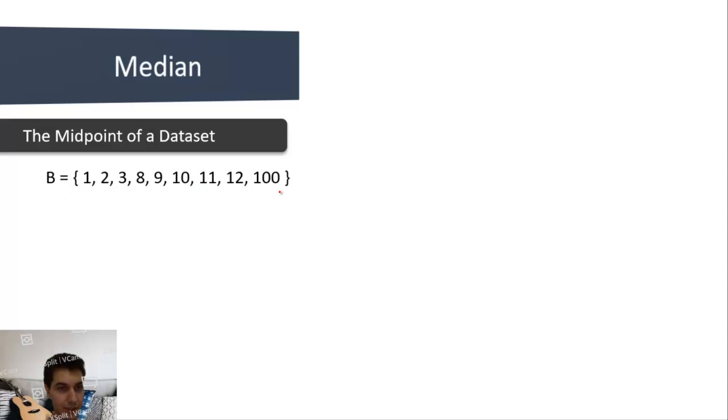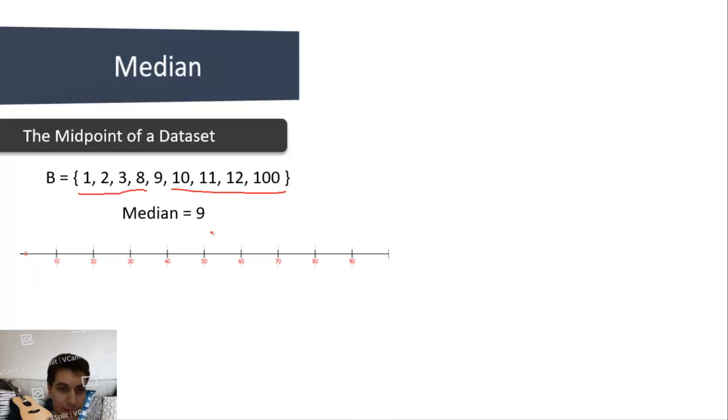We have 9 numbers, and for calculating the midpoint, we should consider that 4 points are to the left of it, 4 points are to the right of it, so the midpoint is 9. It's simply the midpoint. It's really straightforward. So the median is 9.